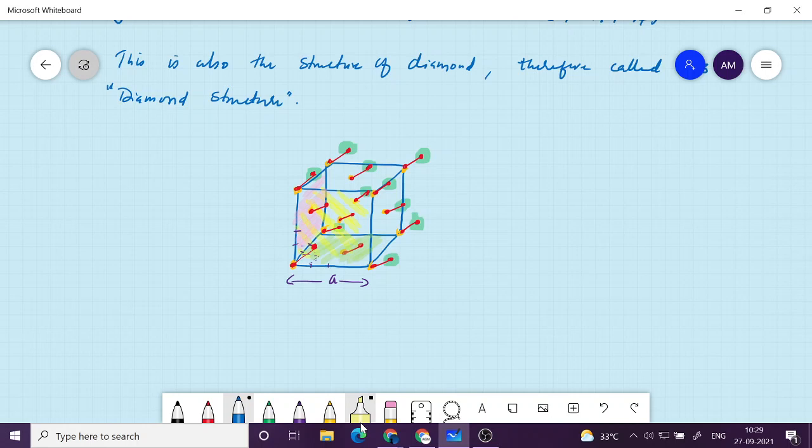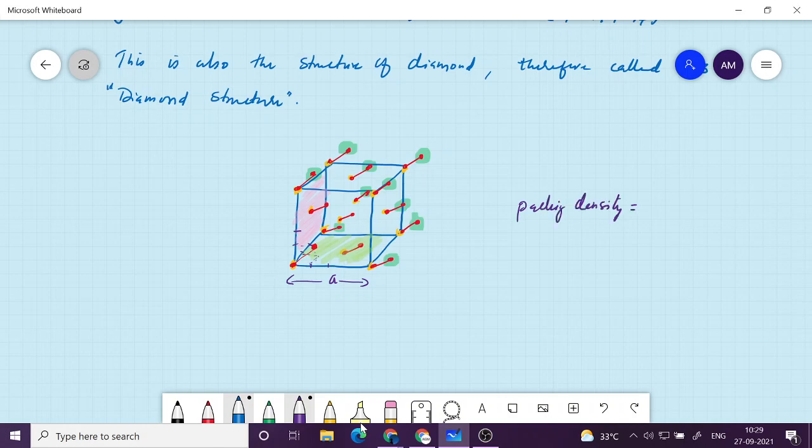Okay, so the atoms on the face center will have a companion. Those three will have companions which are going into the unit cell. Too much drawing may make it a mess. So only four of the atoms have a companion, which is the second silicon atom, inside the unit cell.